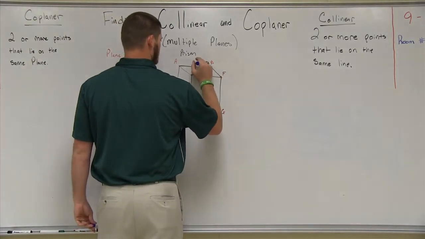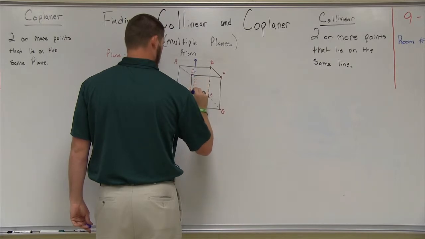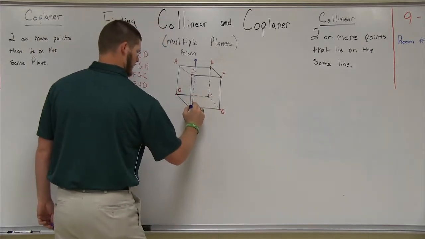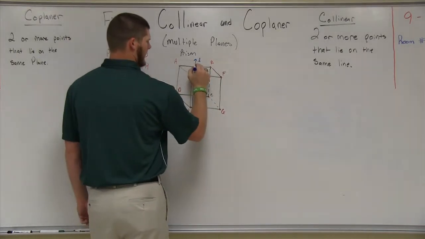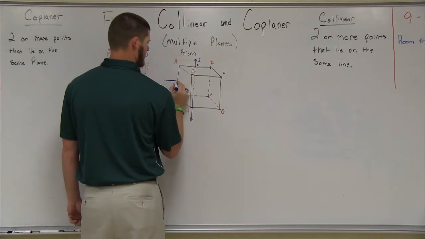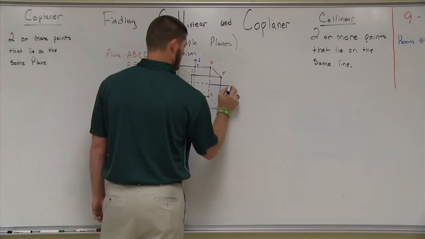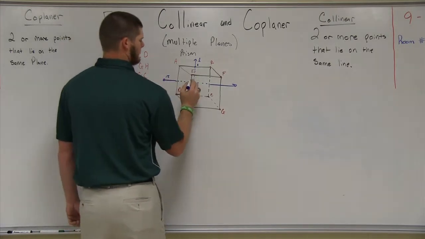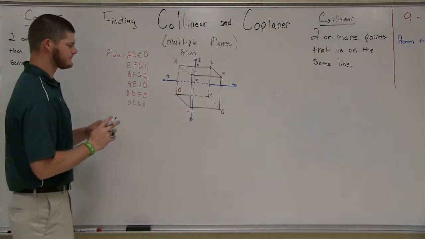I'm going to say that we have line L that passes through, and it's going to cross right here at X. We're also going to have line R. And they're going to cross here at point Z. Alright?